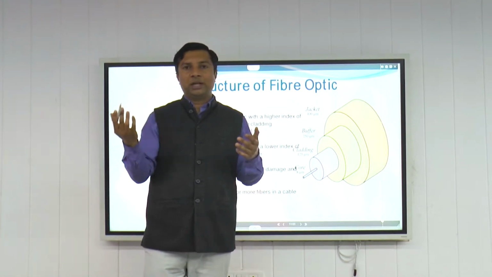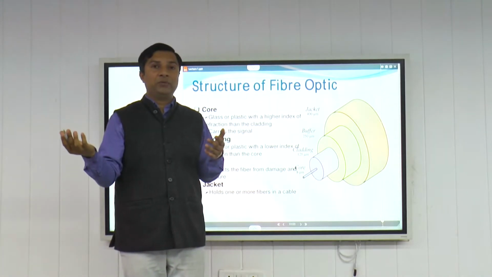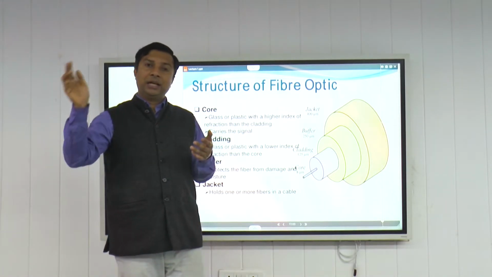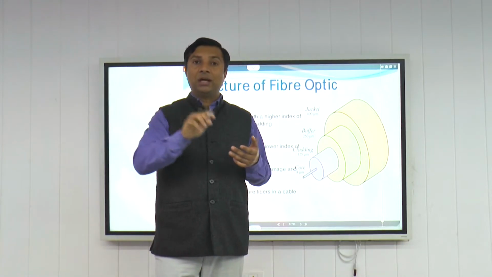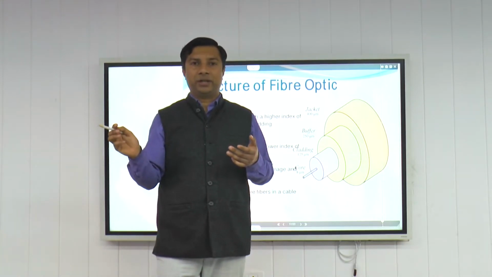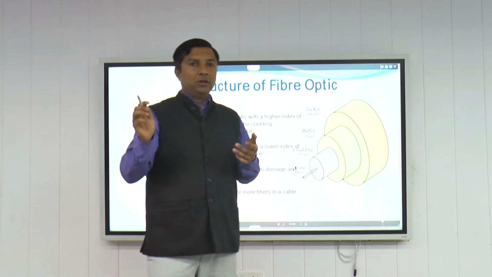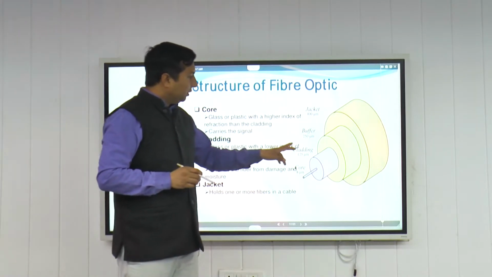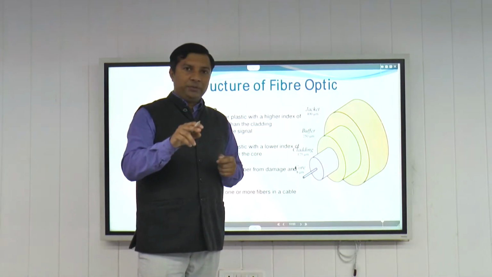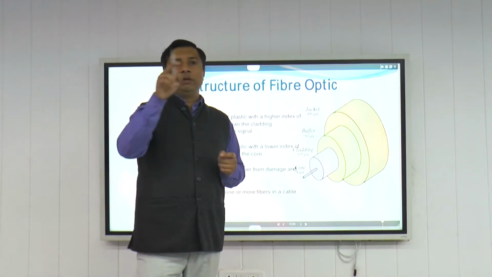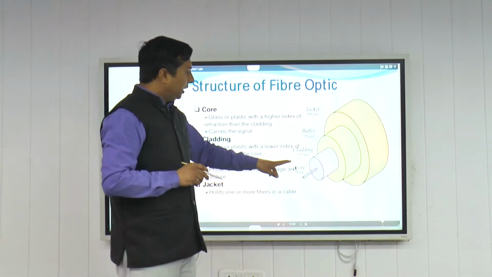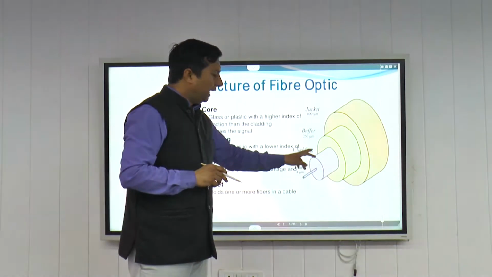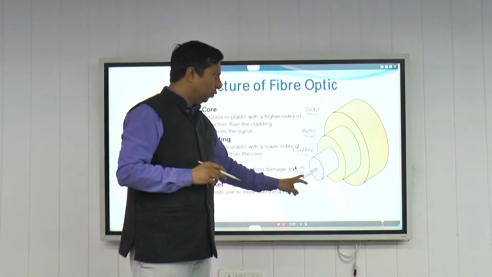If I want to say how fast light will travel through a diamond, then diamond has a refractive index, water has a refractive index, glass has a refractive index, plastic has a refractive index. Okay, so the less the refractive index, the more the speed of light in that medium. Now, cladding has less refractive index than core.